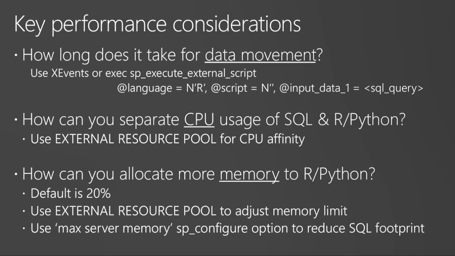On this big server, for example, when I run the benchmarks, I affinitize SQL and R to different CPUs so that they don't conflict on the resources. Those are things you can control, and these are very hard to do if you are doing your own R or Python development outside. Memory is the other thing you can tune. You can tune it to use less memory, or give more memory to R.